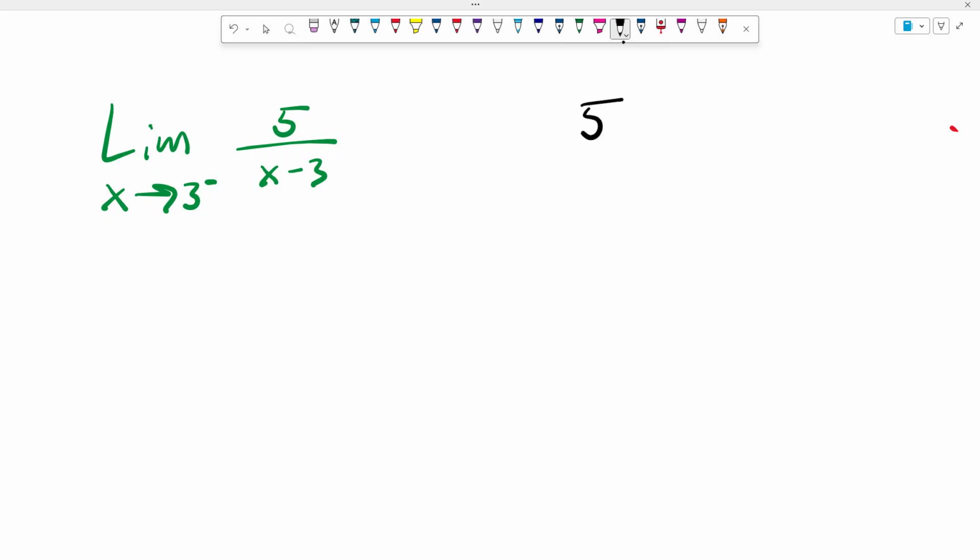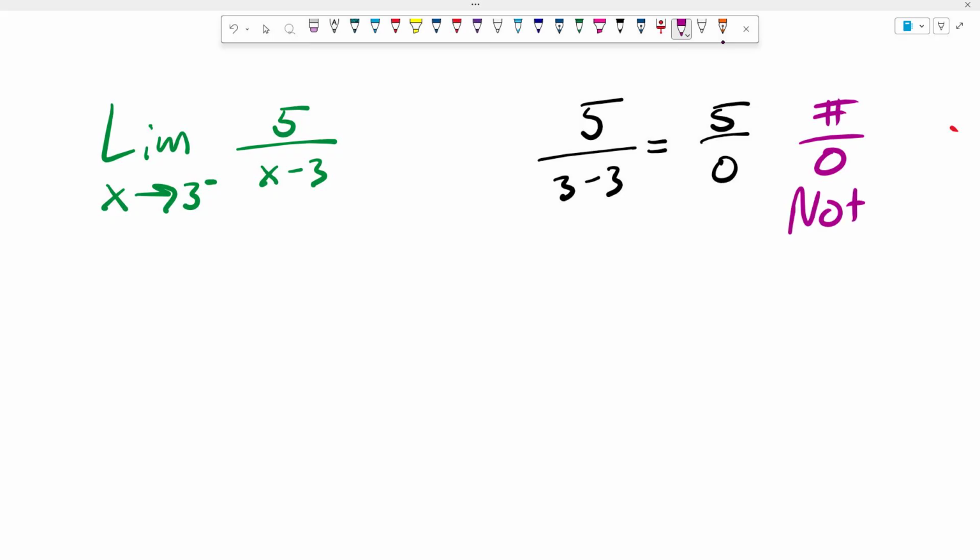Get 5 over 3 minus 3. And again, direct substitution, it doesn't matter if we're going from the left or the right, and we get 5 over 0. Is this an indeterminate form? This is not an indeterminate form. Anytime you have any number other than 0 divided by 0, it's not an indeterminate form.